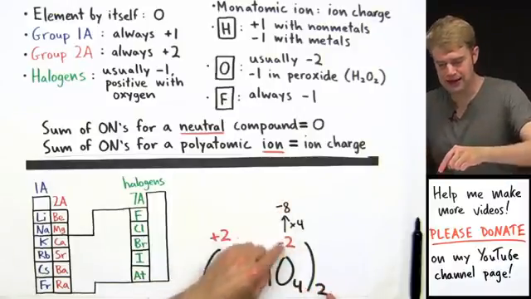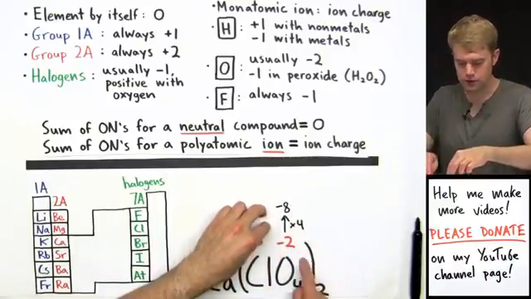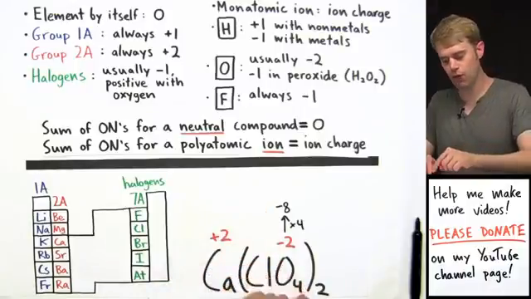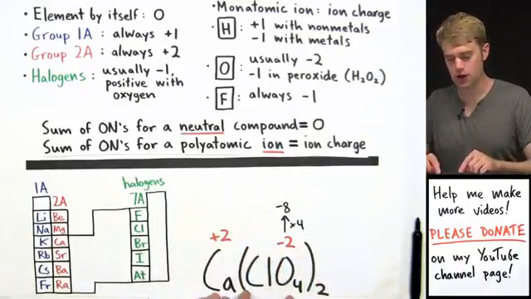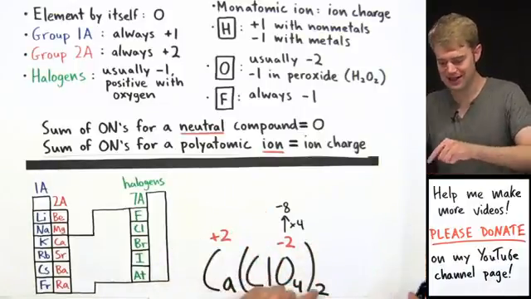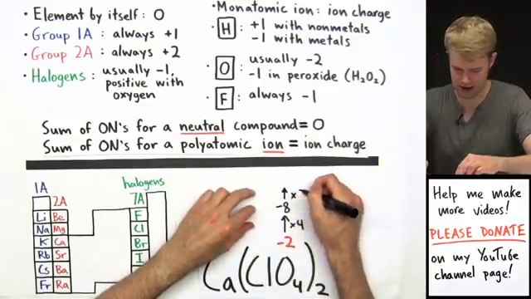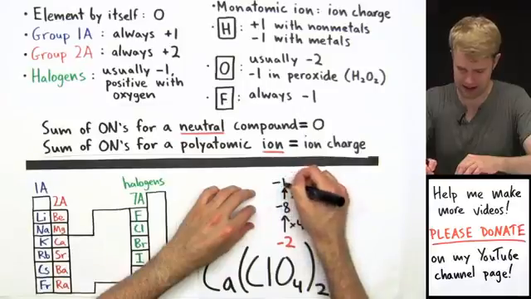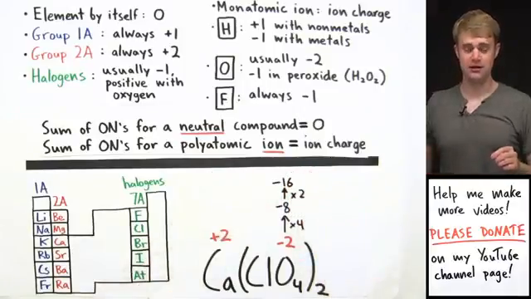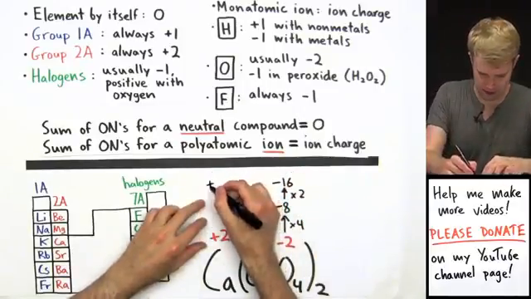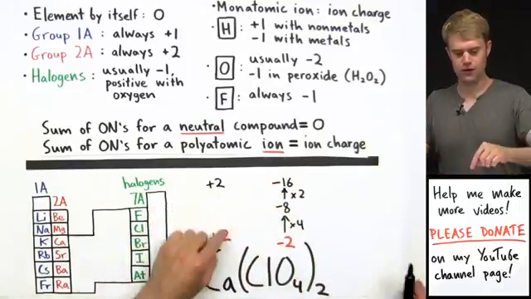The math that I did here was only the oxidation numbers for one of these because there are 4 oxygens for each, but I have 2 of them. So I've got to take this number here, -8, multiply that by 2 to get -16.